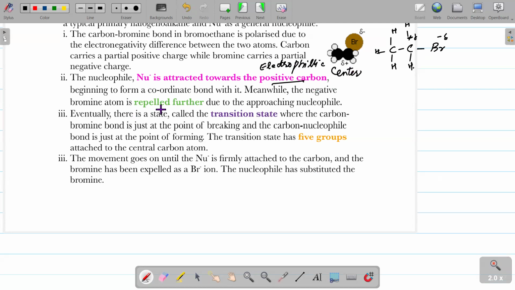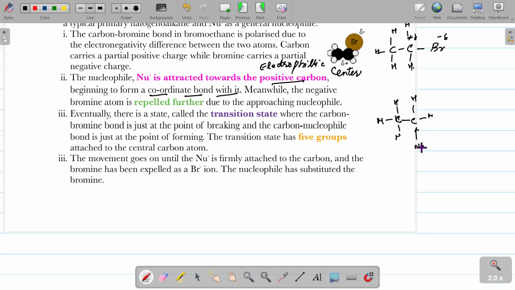So, what happens? Coordinate bond will form between nucleophile and carbon. As I mentioned, the bond between a nucleophile and carbon is coordinate bond. Coordinate bond means dative bond.